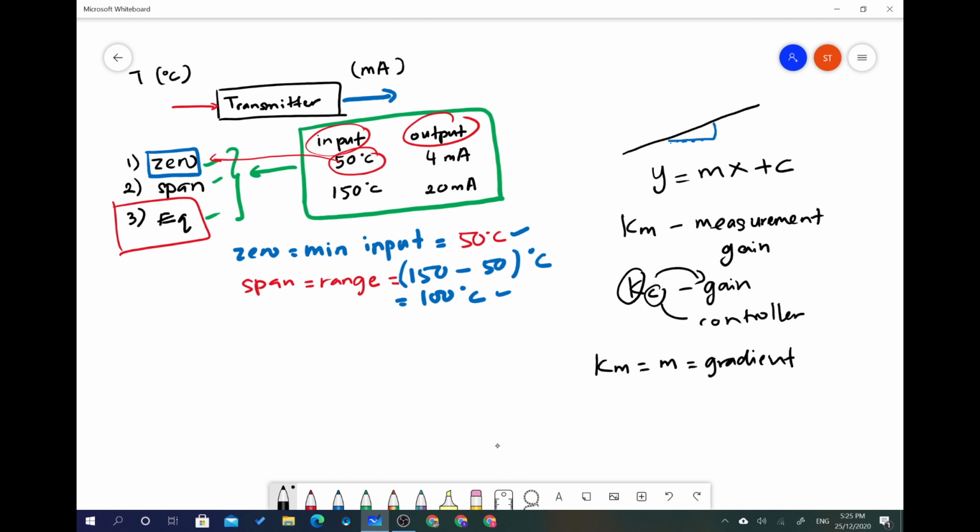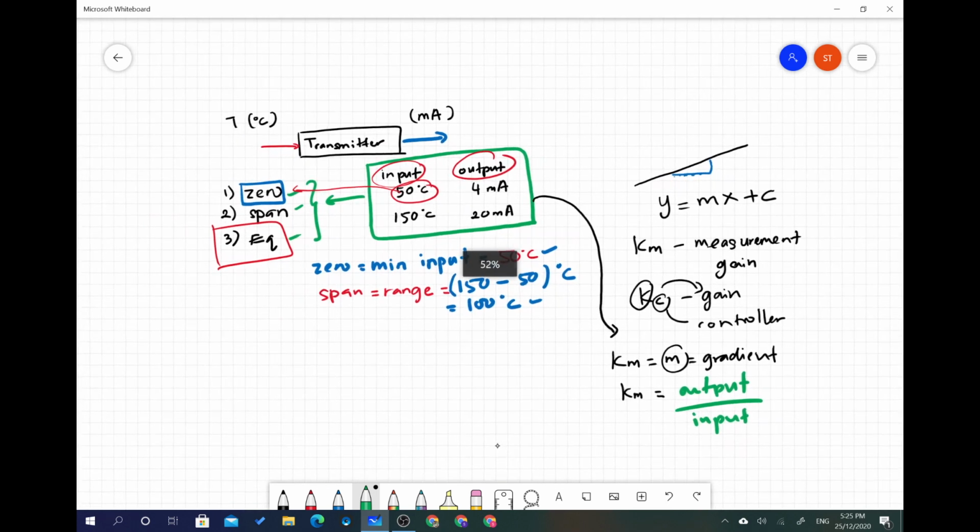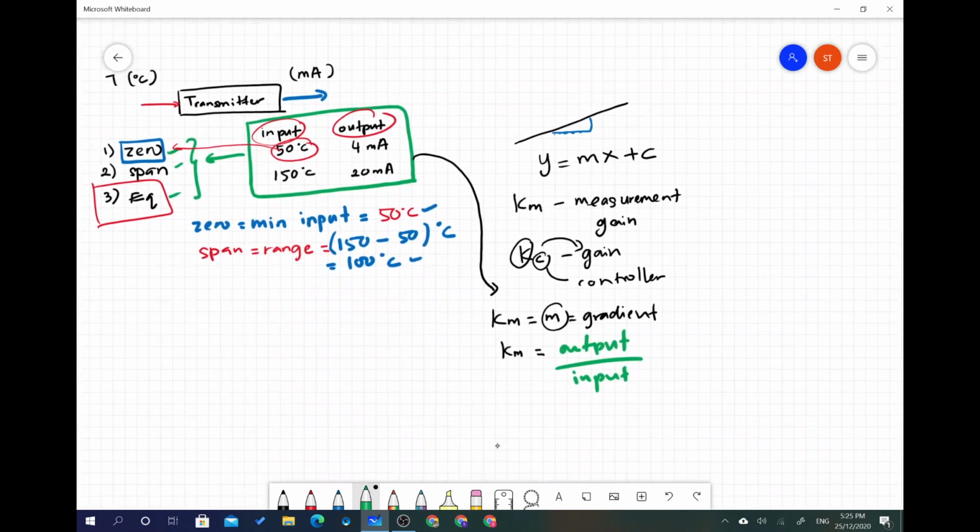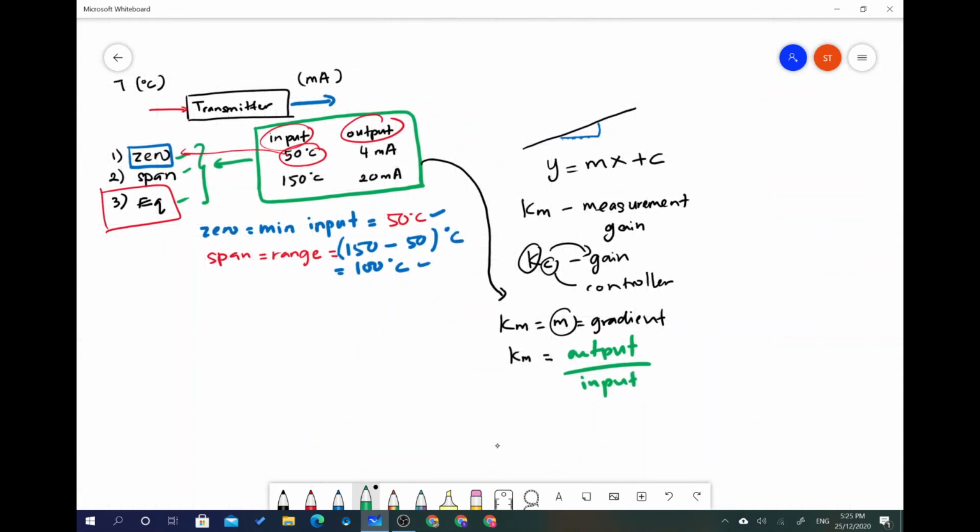So if we have 2 points like this, we can calculate the value of the gradient, or the value of m, which is Km. It is the output divided by the input. We cannot do this with a physical whiteboard, but here we can.